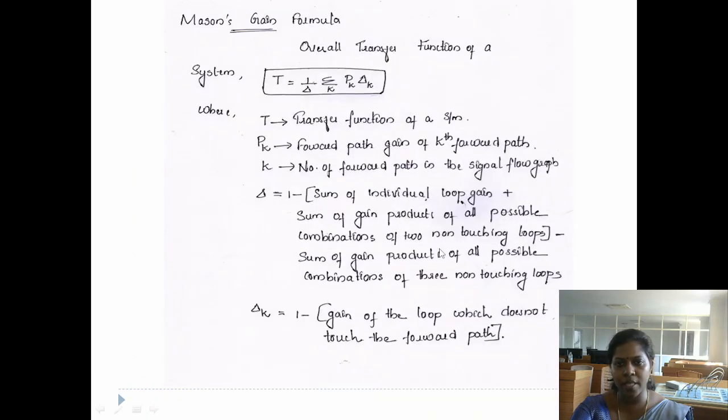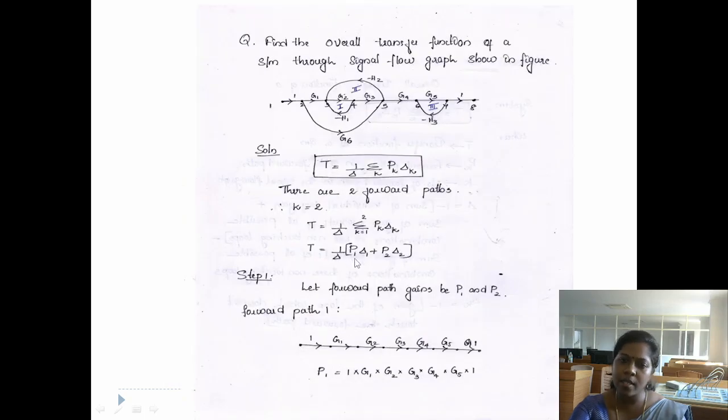So we have to find each term, that is delta, p1 del 1, p2 del 2, and substitute all these terms in this equation of transfer function T. Then you will get the transfer function of the given signal flow graph.